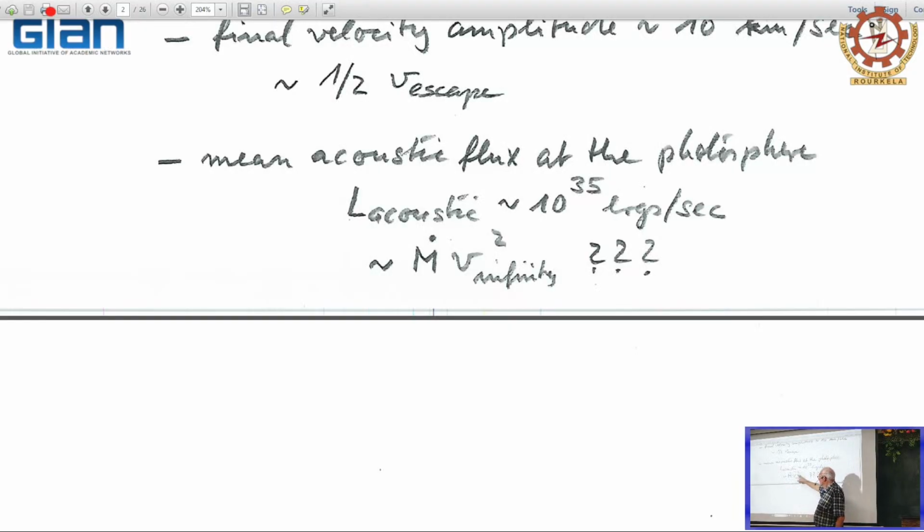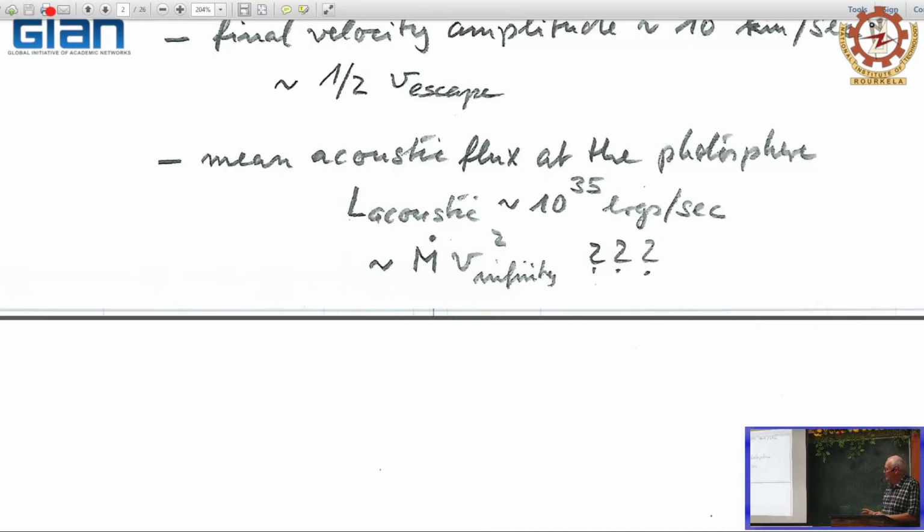And if we take reasonable values for the escape speed of the star, then by setting these two quantities equal, we can derive a mass loss rate. And the mass loss rate determined in that way usually amounts to 10 to minus 5 or 10 to minus 6 solar masses per year. So these are reasonable values once we compare them to the observed values.